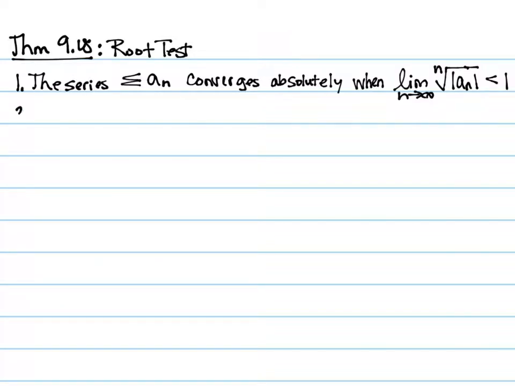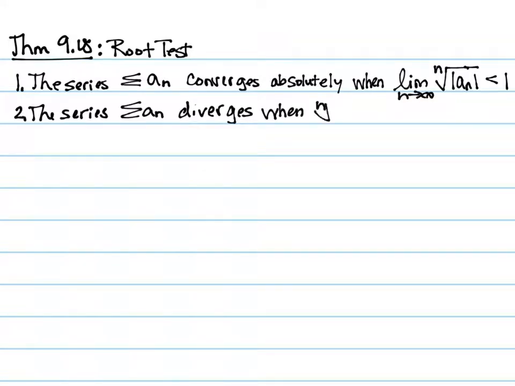And the next option, the series diverges when the limit as n goes to infinity of the nth root of the absolute value of a sub n is greater than 1 or equal to infinity.